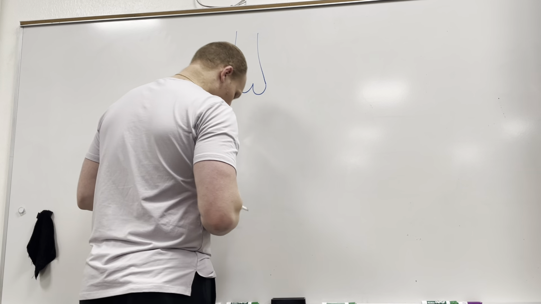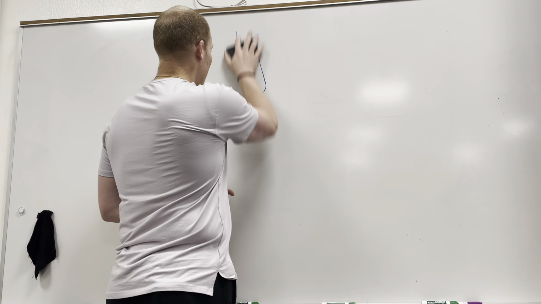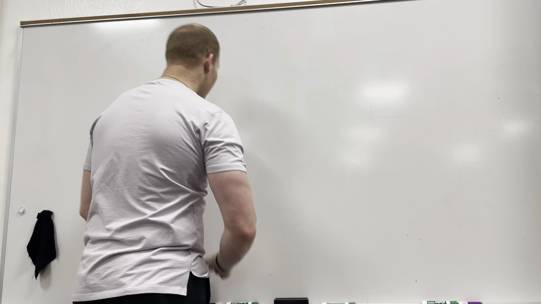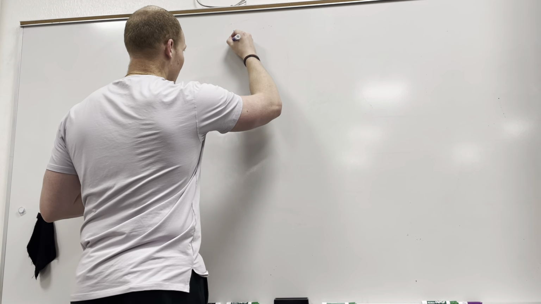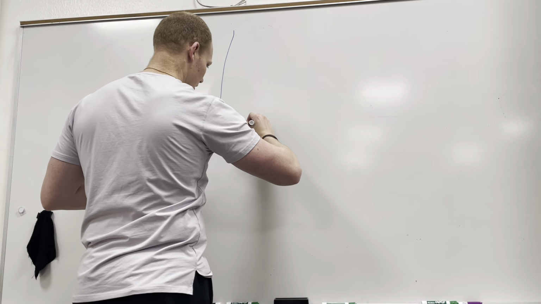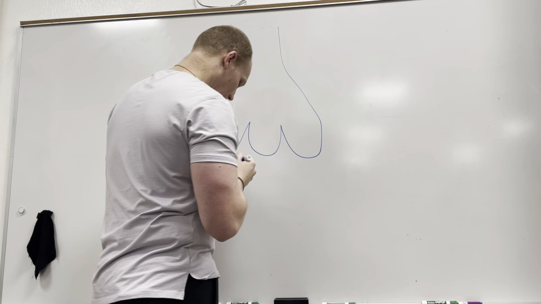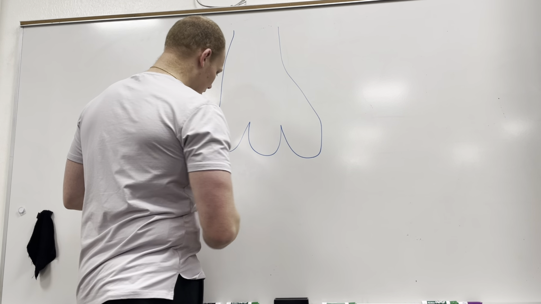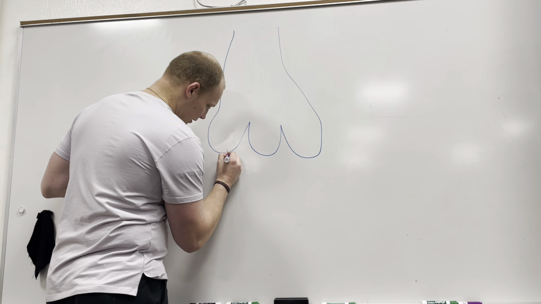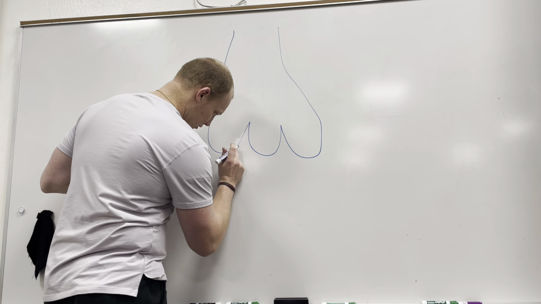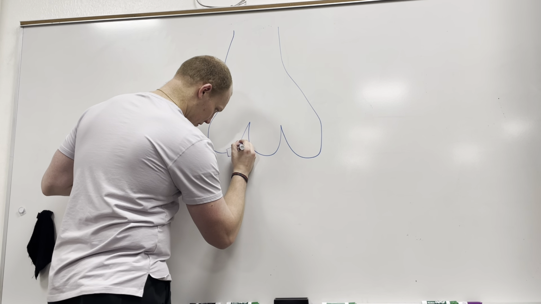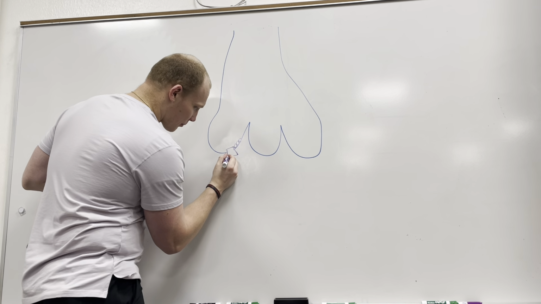Let's draw this cell a little bigger so that we can see it better. Come down here, you have these big bulbs and it's coming up. Down here we'll have this G protein.